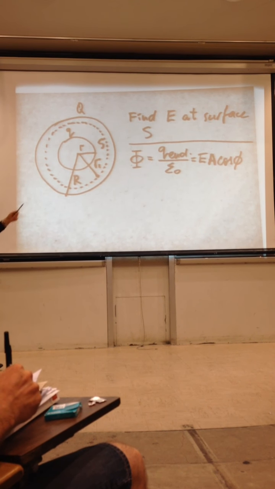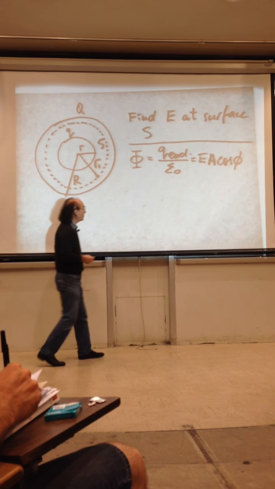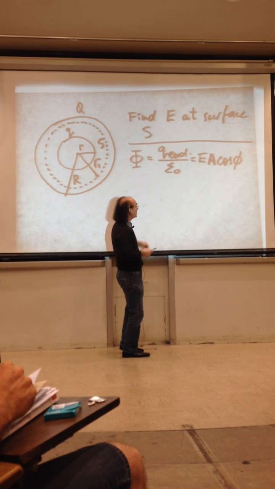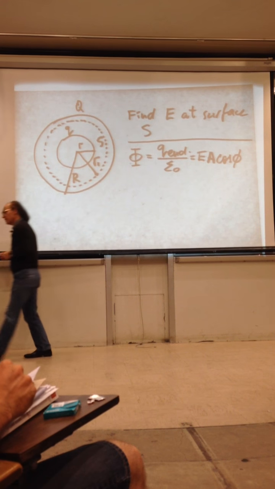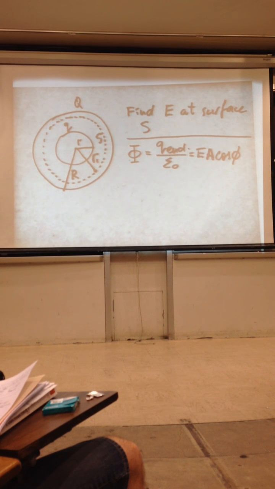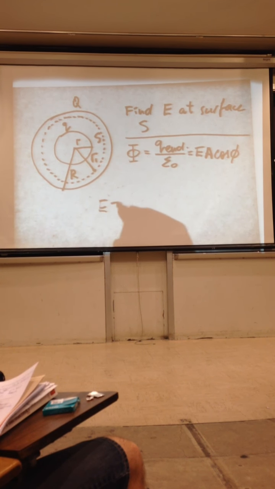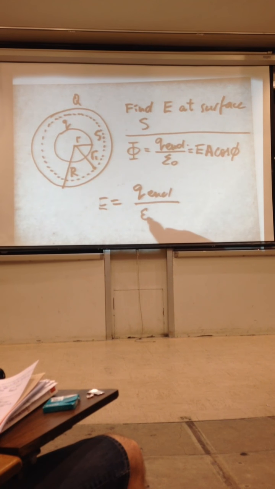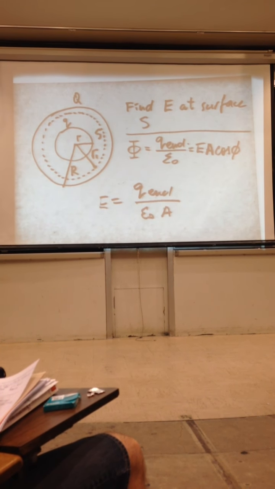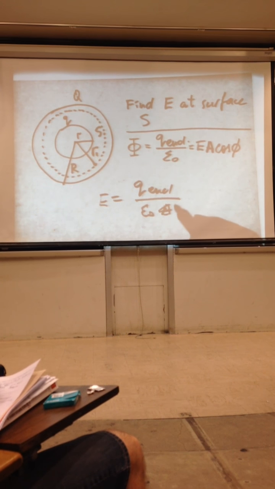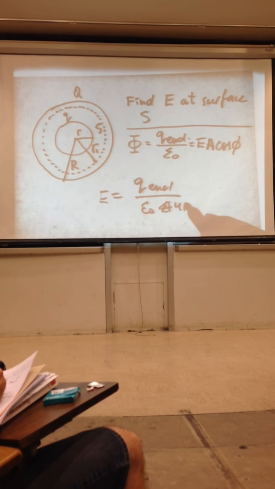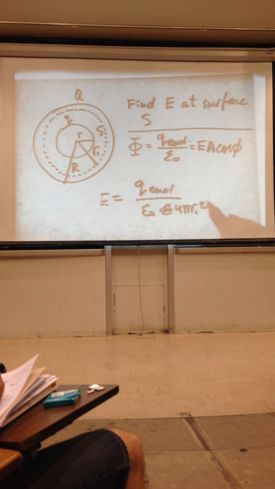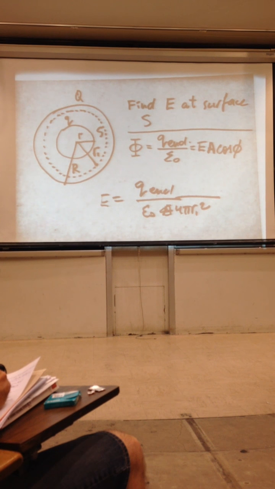That angle is 0, so cosine phi goes away. From here we can solve for the electric field: enclosed charge divided by epsilon 0 divided by A, and A is 4 pi r squared, the surface area of a sphere.